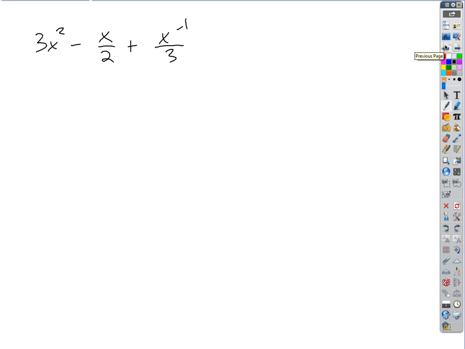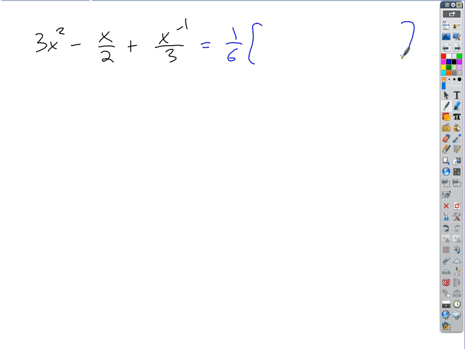1 over 6. So let's just deal with the number part first. If we factor out a 1 over 6, what's left over? 18x squared. Okay, well, factoring out, remember that what I factor out is what I'm dividing each term by, right?